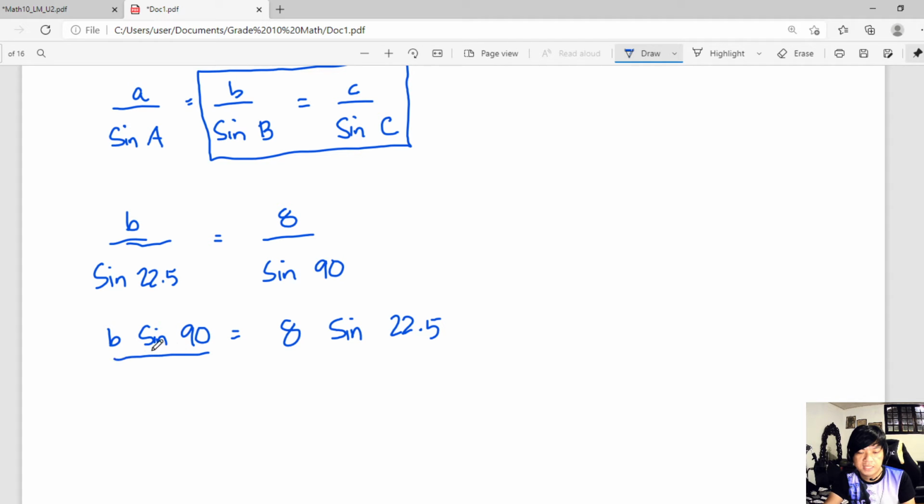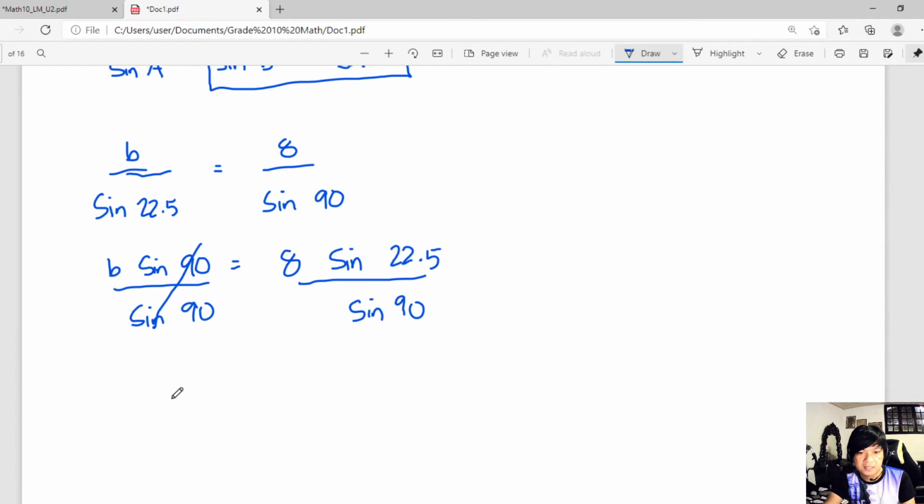Divide both sides by sine 90. This is also sine 90. So this cancels, and we have B. So B is equal to, let's simplify this using your calculator, 8 sine 22.5 divided by sine 90.